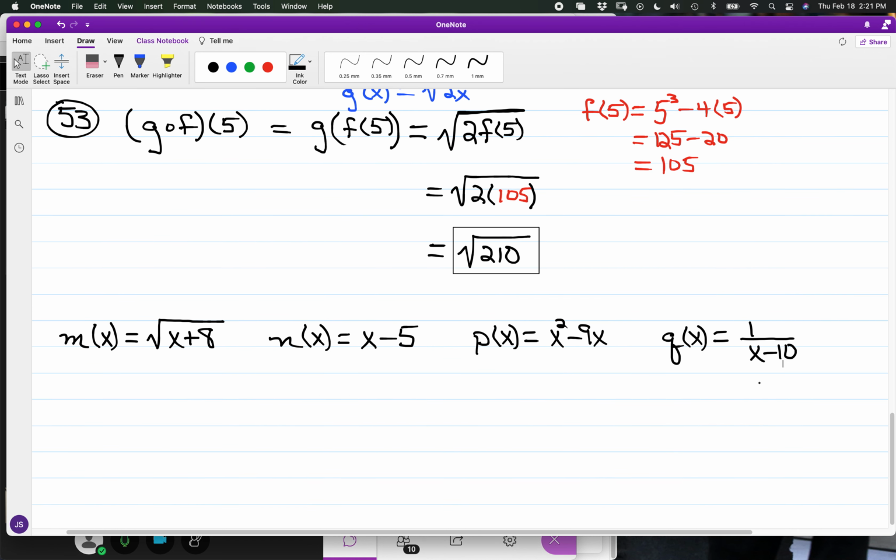Okay, now for the compositions here, with number 65, we're looking at n composed with p of x. And so that's going to be equal to n of p of x.